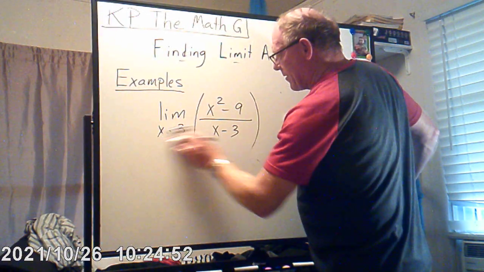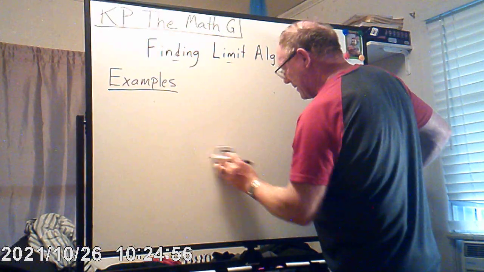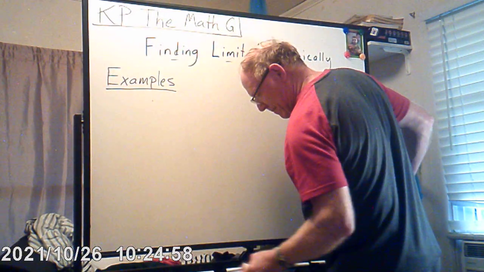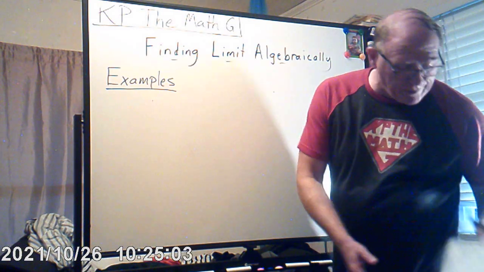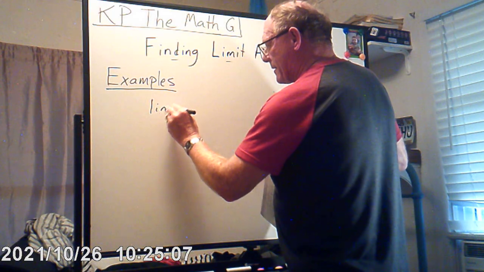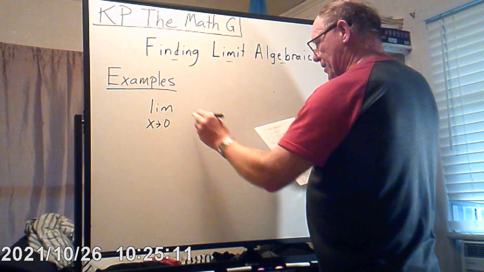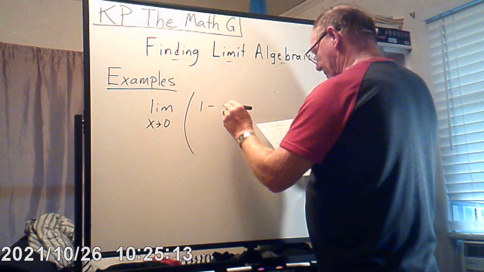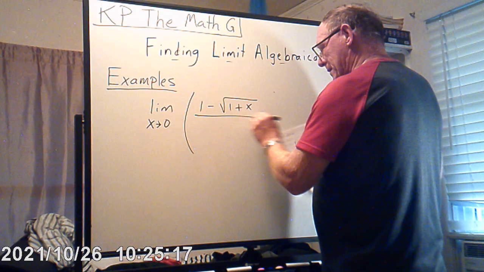Here's yet another one. I'm going to do probably about a couple more of these. Let's try the limit as x approaches 0 of 1 minus the square root of 1 plus x, over x.